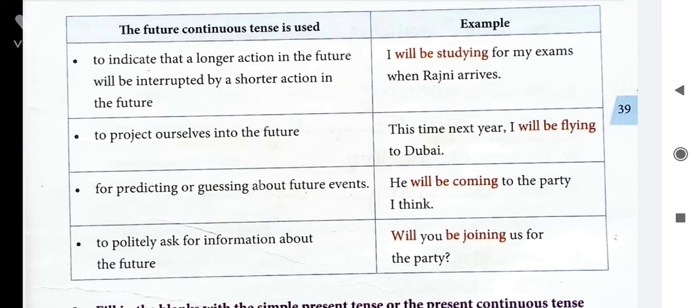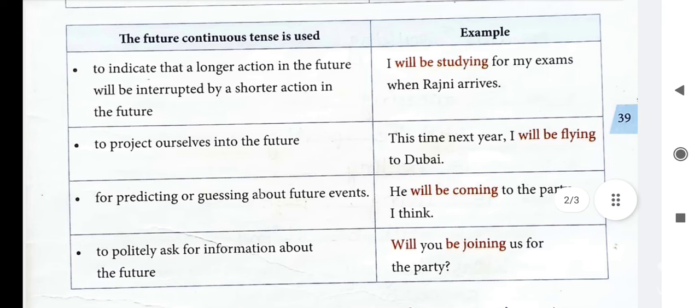The future continuous tense is also used to indicate that a longer action in the future will be interrupted by a shorter action in the future.